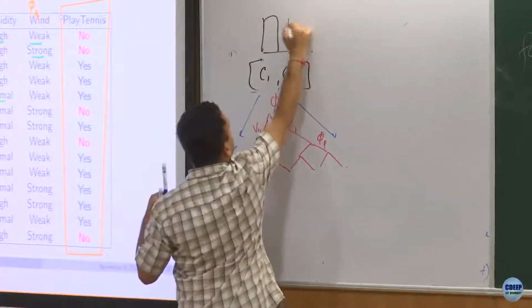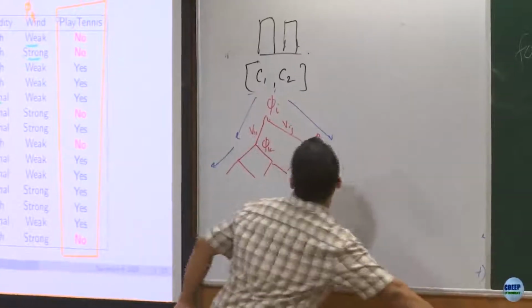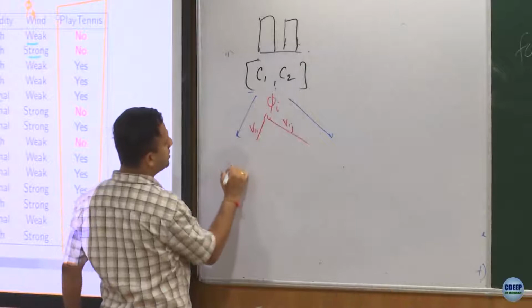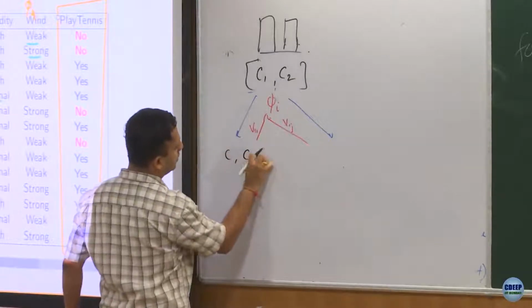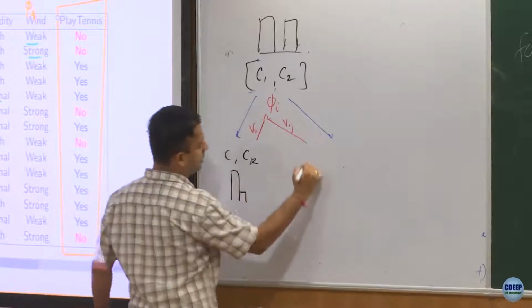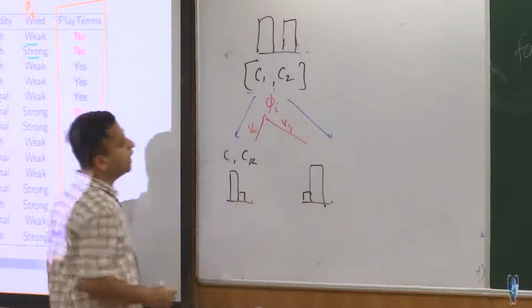Ideally this was not very skewed. And after splitting, I'll just do one level of splitting now. After splitting, my skew of C1, C2 look like this or this. Okay.